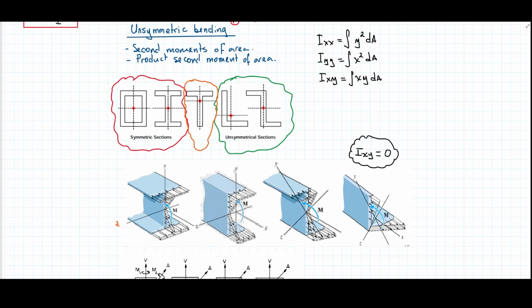And the concept that I want you to take home is that no matter what the section looks like, there is always an orientation of the axes drawn on the section that are going to be principal axes, meaning that you are always going to find principal axes, no matter what the section is.